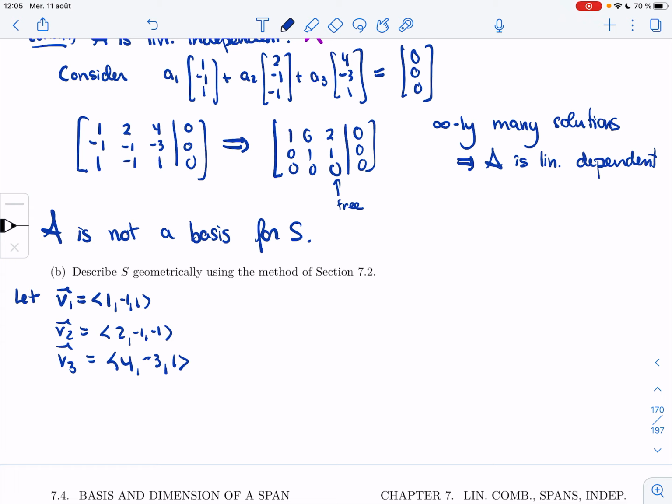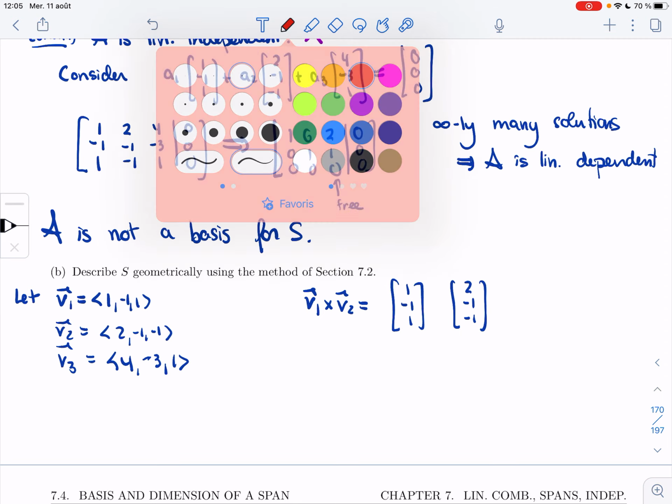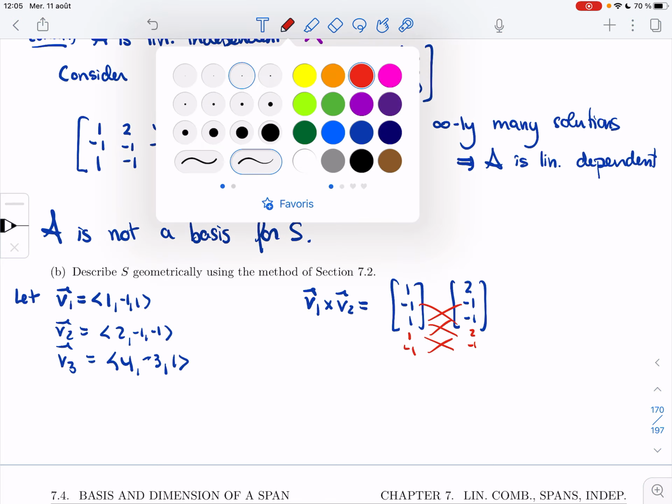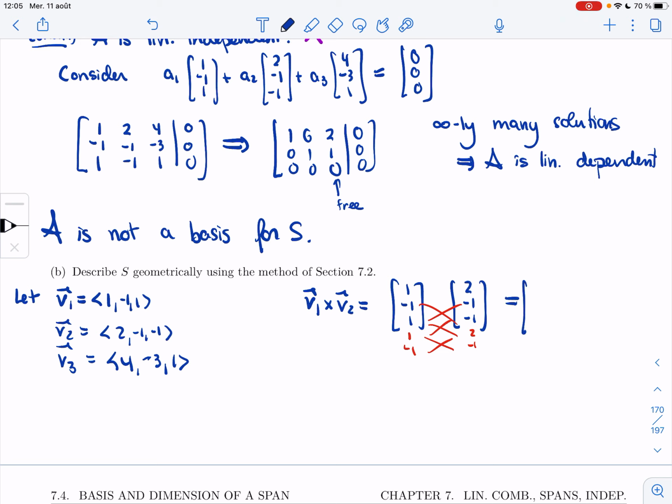Well, they're not. Second question, are they parallel? So let me check that by using the cross product of the first two. So if I do the cross product, what I will get, minus 1 plus 1, sorry, this is 2. 1 plus 1, and then 2 plus 1, that's 3, minus 1 plus 2, that's 1.